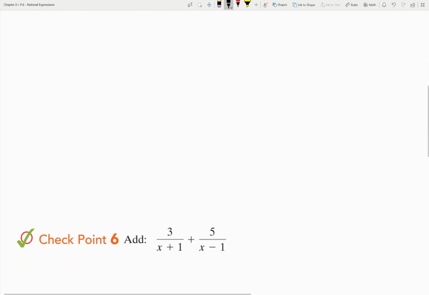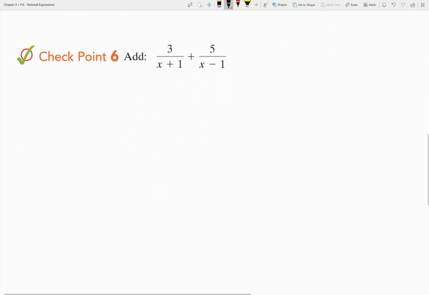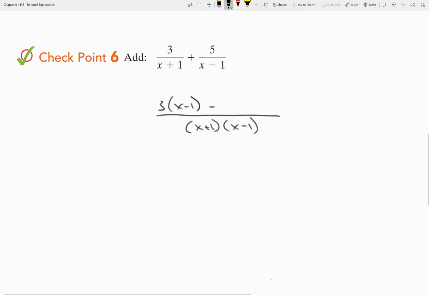Let's try another one. The denominator becomes x plus 1 times x minus 1, because x plus 1 and x minus 1 don't have any common factors. And we multiply the x minus 1 by the 3, plus 5 times x plus 1.